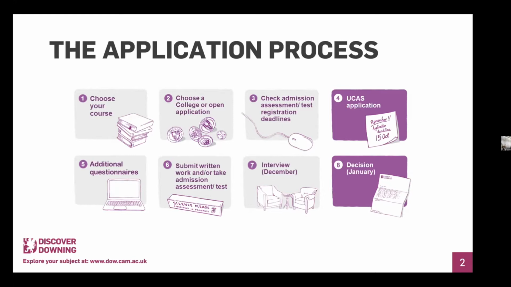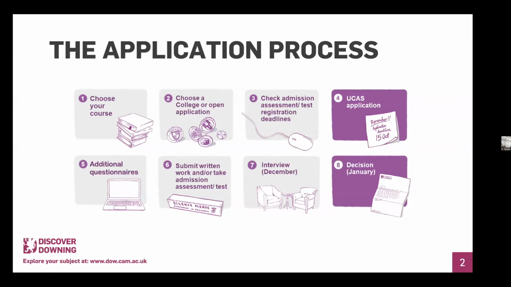So it's really important to make sure you understand these deadlines and get your application submitted within them. If you don't register for the test or don't submit your application by the 15th of October, your application will be invalid and will not be considered at the university. So it's important to bear this in mind.